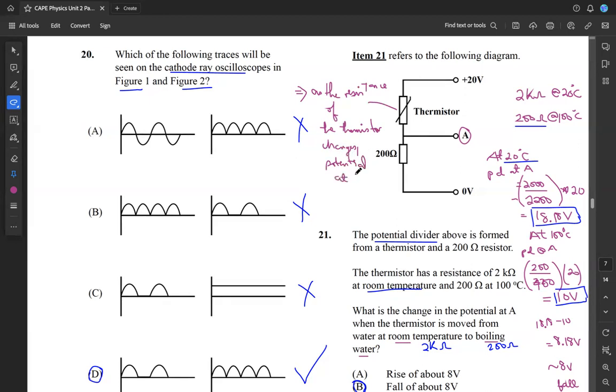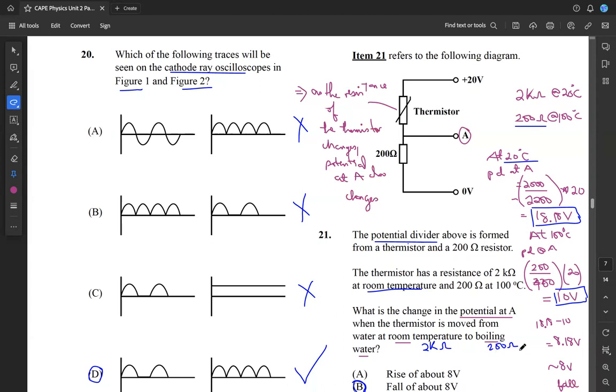Let's write that down, okay? So they're asking us to calculate the change in potential at A when the thermistor is moved from water at room temperature, where the resistance of the thermistor is 2 kilo ohm, to boiling water, where the resistance of the thermistor will now be 200 ohm.